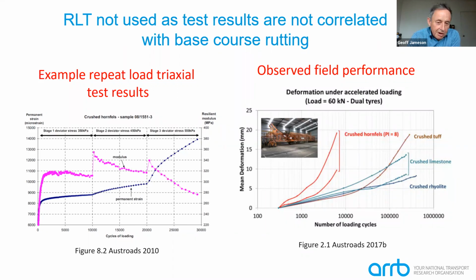But the permanent strain results that we get from that test weren't a good indicator of the performance of these 4 materials here. They didn't rank the materials like we got under accelerated loading. So the results in terms of the permanent strain values weren't useful for us in ranking these materials.